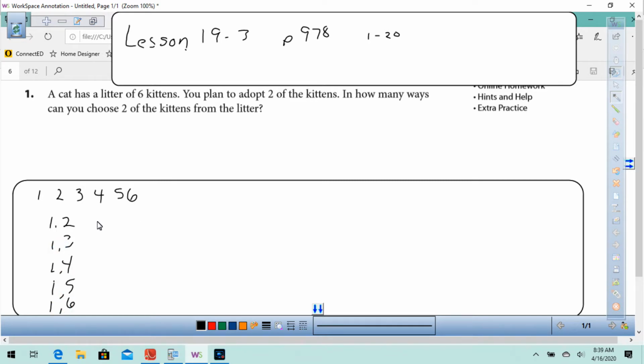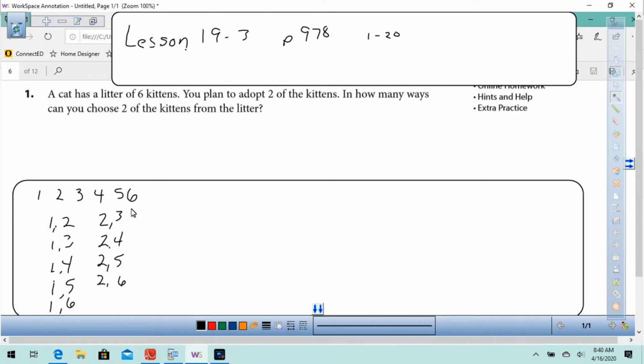We could choose, well, 2 and 1 would be the same as 1 and 2, so we'll say 2 and 3, 2 and 4, 2 and 5, and 2 and 6.